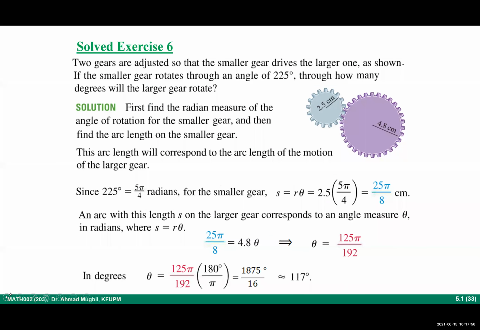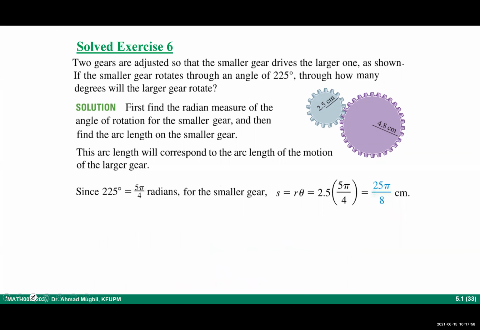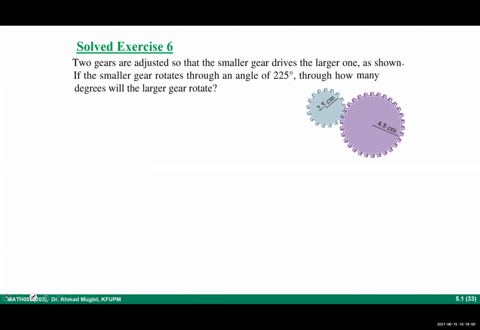Now, Shabab, when you have something like this, let me give you an idea about how to solve this one. Here you have two gears adjusted so that the smaller one drives the bigger one. If the smaller one rotates through an angle theta here. So here R1, the smaller one, is 2.5. R2 is equal to 4.8.